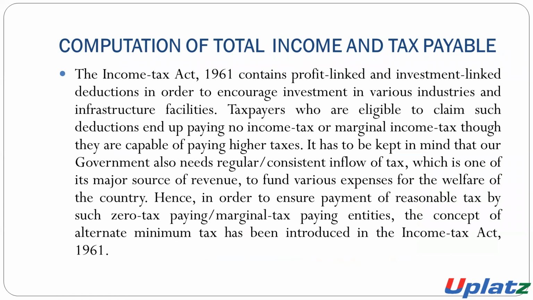As per the provisions of the Income Tax Act, there are some profit linked deductions and investment linked deductions. Means there are some deductions available to particular industries and infrastructure facilities, and these deductions are profit linked and investment linked deductions. If an assessee invests in a particular field or a particular investment, then such person shall be eligible to take the deduction.